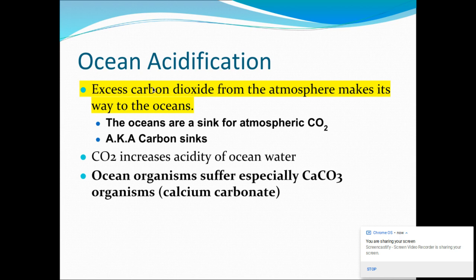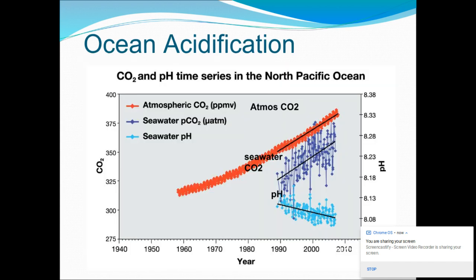That carbon dioxide, once again, comes from the atmosphere and goes into the oceans because oceans are carbon sinks, just like trees are carbon sinks. But remember, our trees were chopped down due to deforestation. Some organisms cannot live in such acidic conditions, therefore they die.